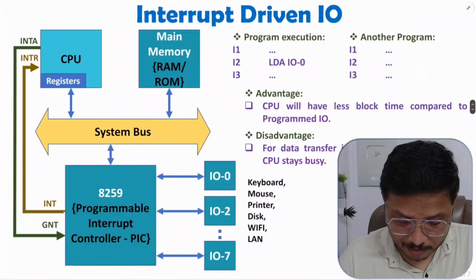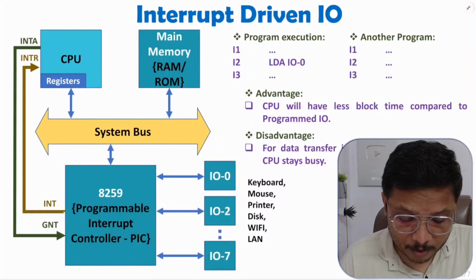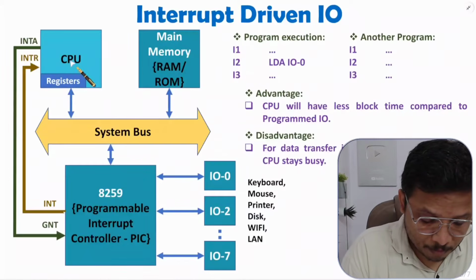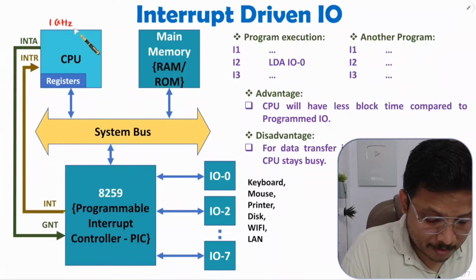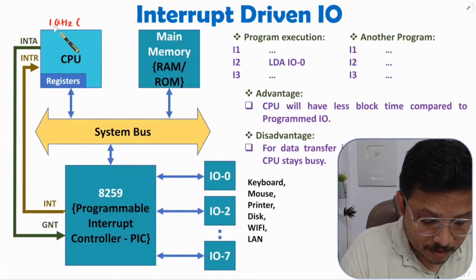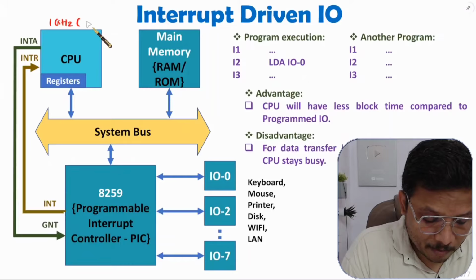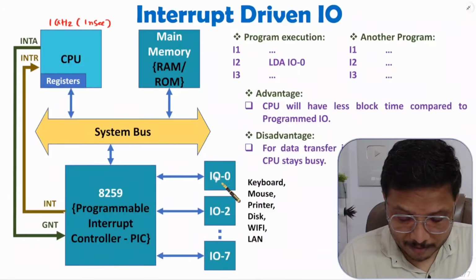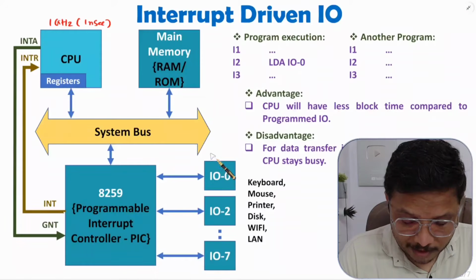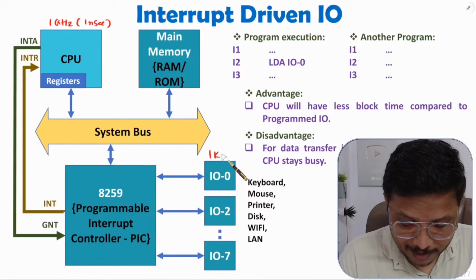Here again I'm going to consider the same example: a CPU working at 1 gigahertz, so one clock takes 1 nanosecond. Let us say I have an IO device functioning at 1 kbps.